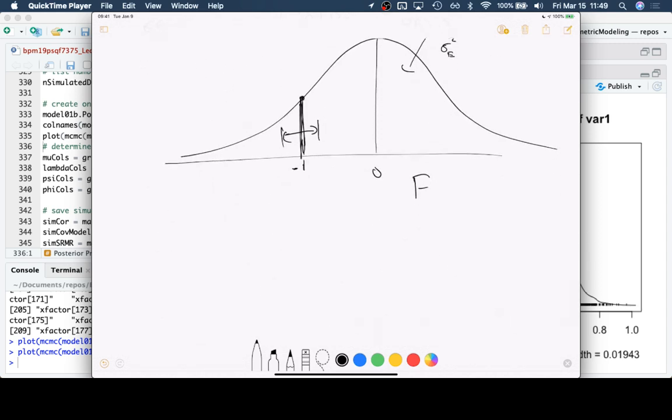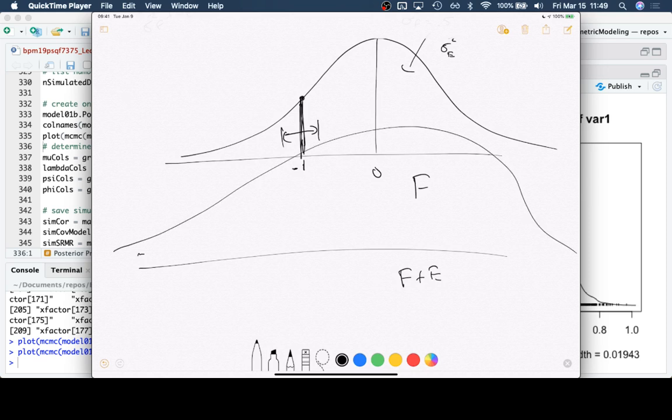So that if we look at the total, right, F plus E, this total range might be much wider, right? And that discrepancy between the two means that what we're seeing with the factor score reflects not just factor, but factor plus error, right?